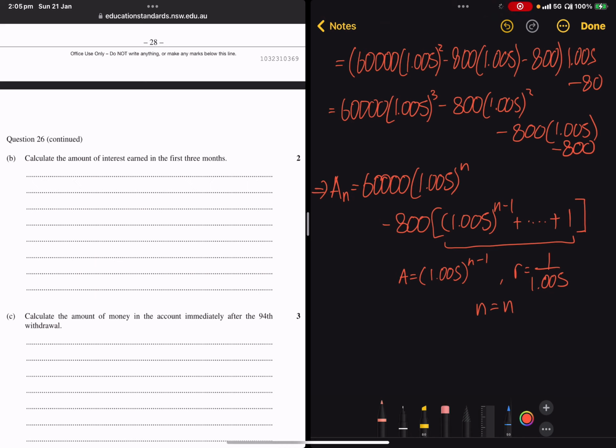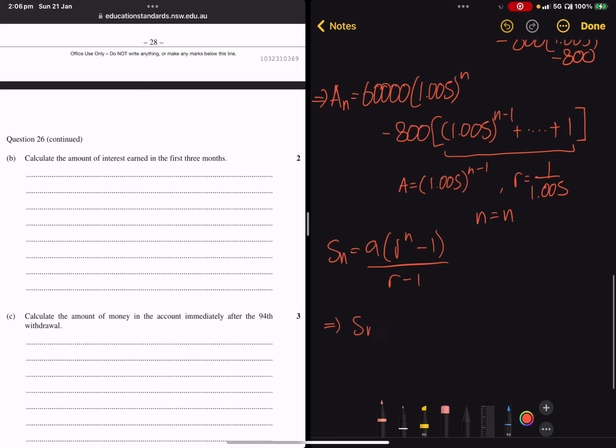If we do it this way, this sum is a sum of terms in a geometric progression. The sum of terms in a geometric progression is first term times ratio to the power of n minus 1, all over ratio minus 1.